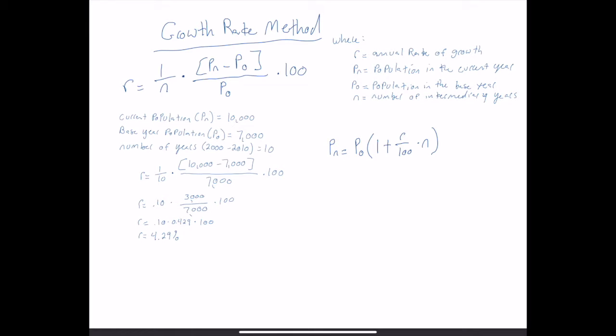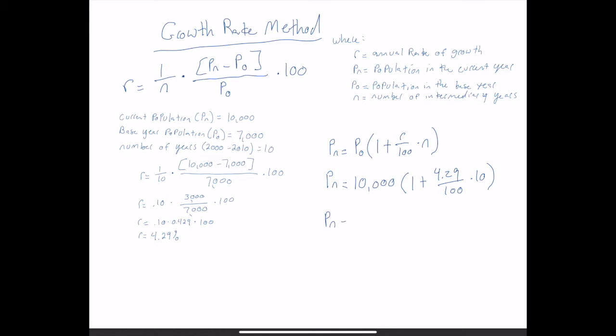So let's fill in that formula, and if it's a little confusing, hopefully this will make it clearer. So P sub n is going to be equal to 10,000. 10,000 is our base year now in this case because we're going to extrapolate out to 2020. We're going to multiply that by 1 plus our growth rate, which is 4.29%, divided by 100 to get that in decimal form, and then multiply that by the number of intermediary years, which in this case is equal to 10, the years between 2010 and 2020.